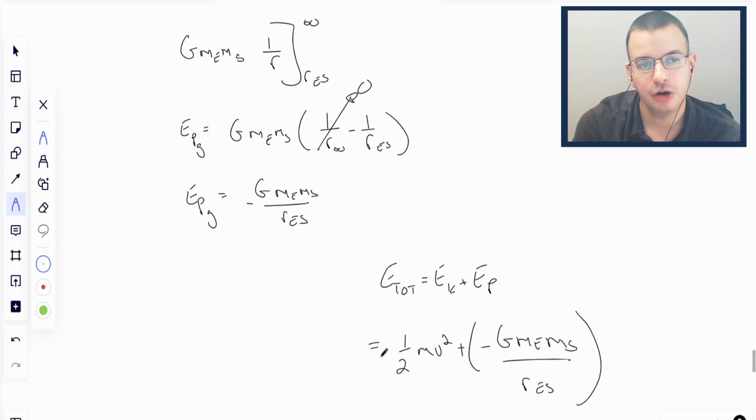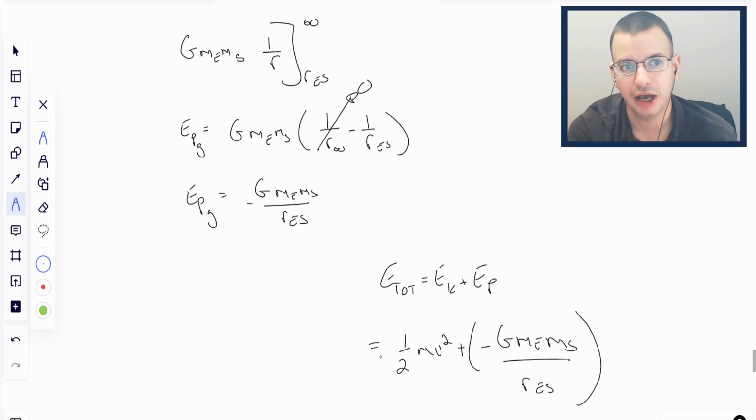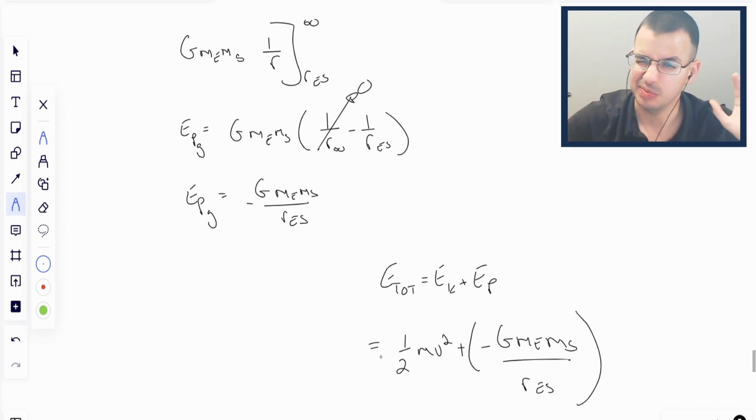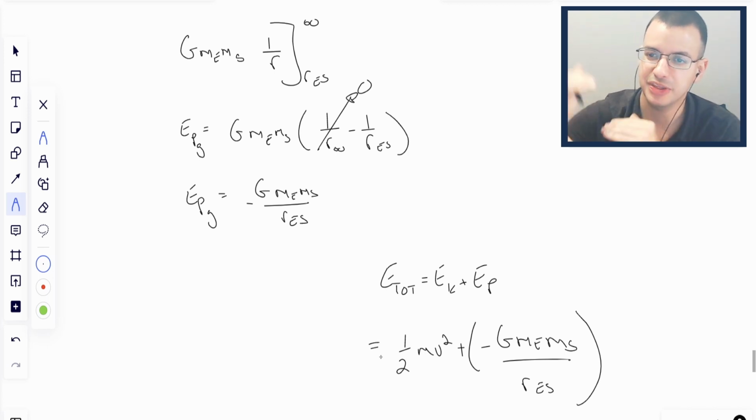And even though you can choose the potential energy to be pretty much anything anywhere, it's by convention that you choose potential energy to be 0 at infinity. And the reason you can choose any value at any point is because you're not concerned really about the potential energy as you are about the change in potential energy.